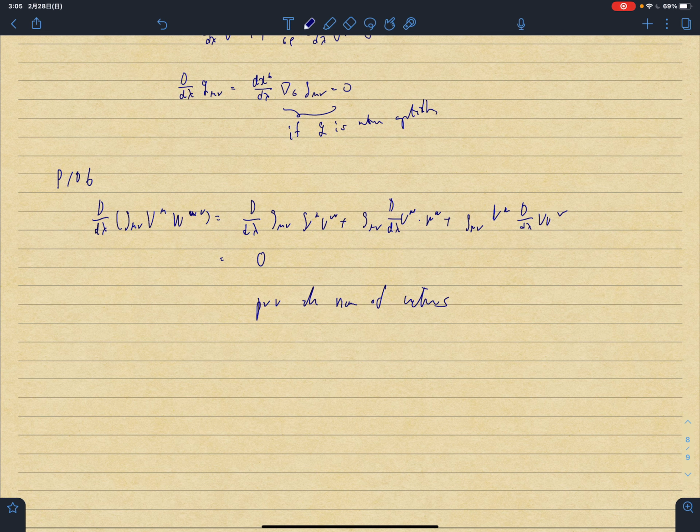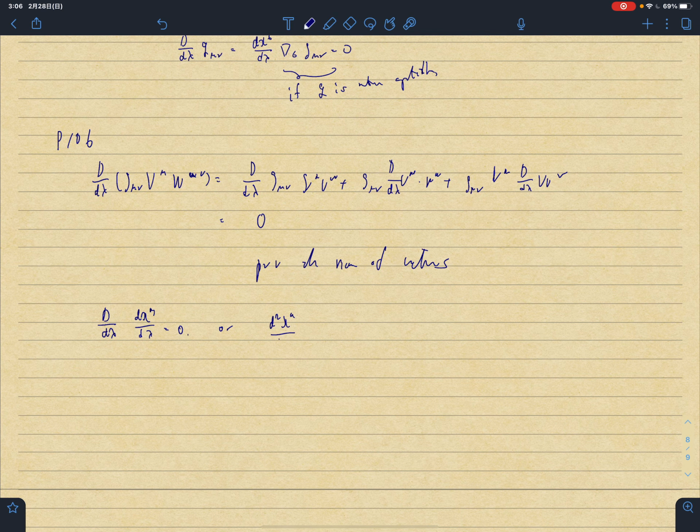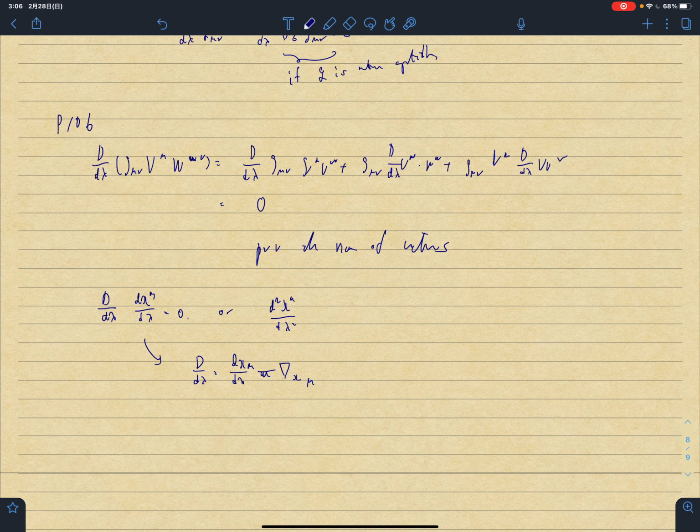The tangent vector to the path x is dx mu d lambda, and the condition that it is parallel transported is thus d lambda of dx mu d lambda equals 0.